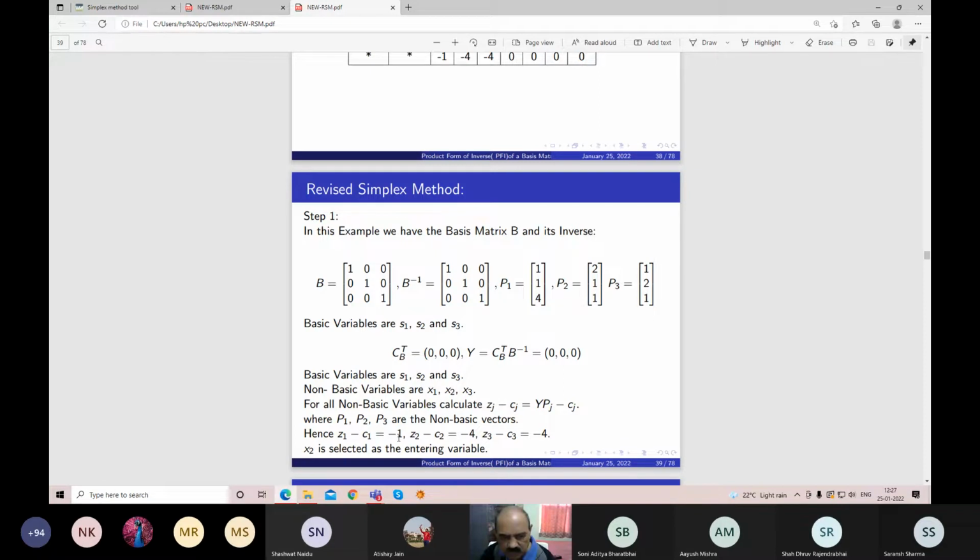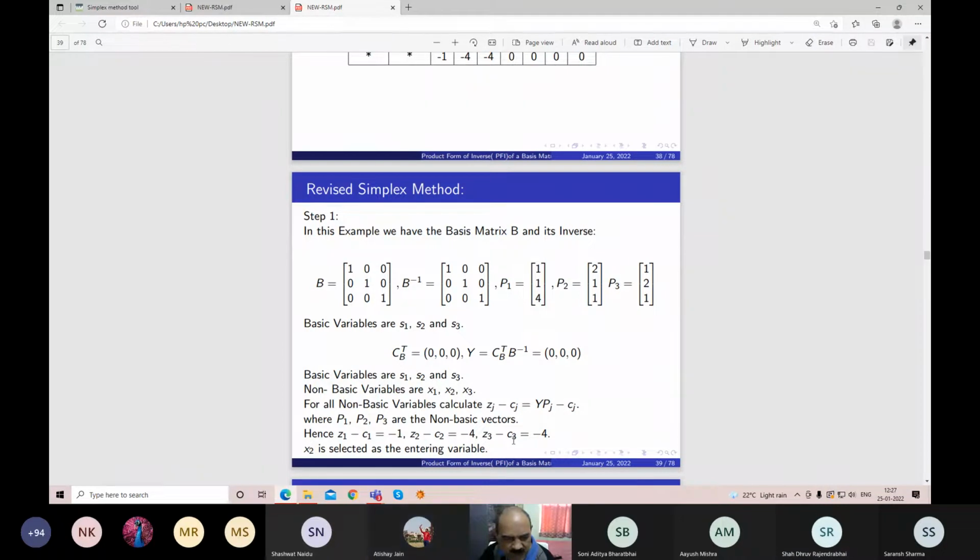Then similarly, Z2 minus C2 will be y into P2 minus C2. P2 is 2, 1, 1. Now multiply. How much does it come to? In the first table it is 0 minus 4, that is minus 4.